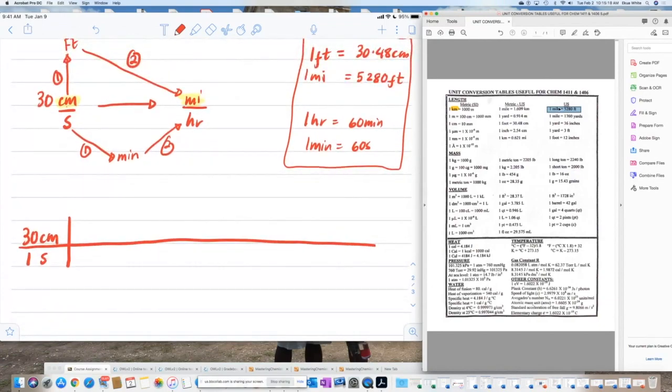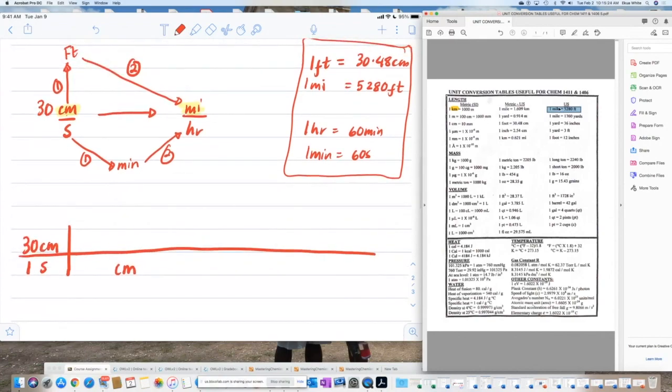So the centimeter has to be on the bottom, right? So that means I have to use this top number here. I have to use 30.48 centimeter and then 1 foot. So centimeter and centimeter cancel out. I just use this. Then now I have foot. So I pick my next conversion that has foot in it. That's this right here. This has to be FT, foot.